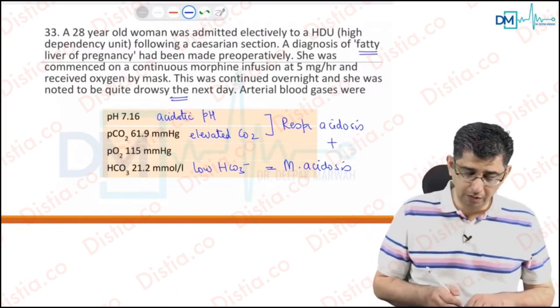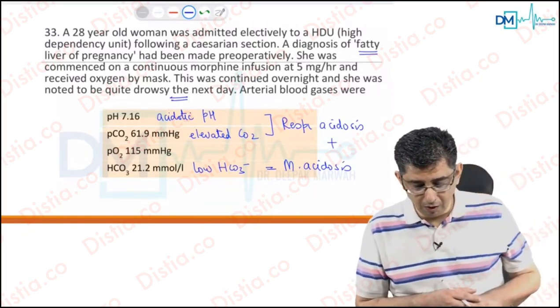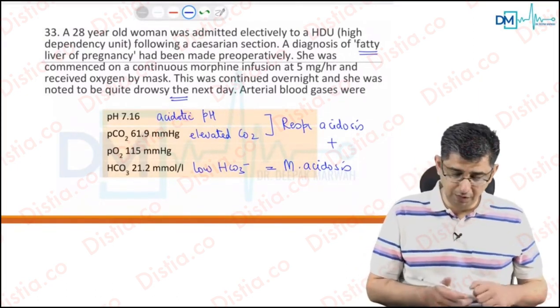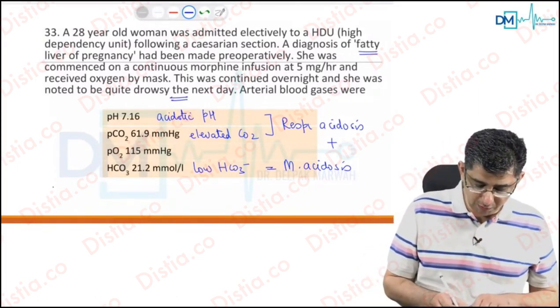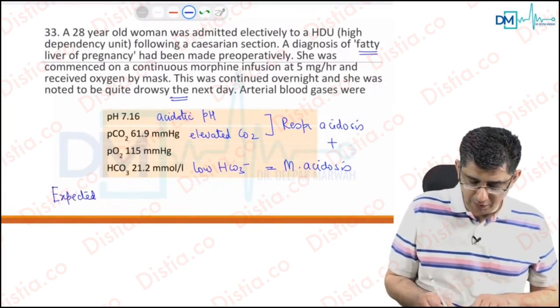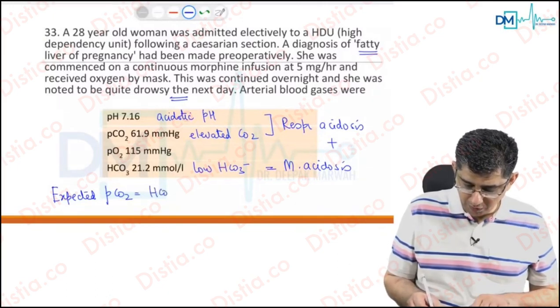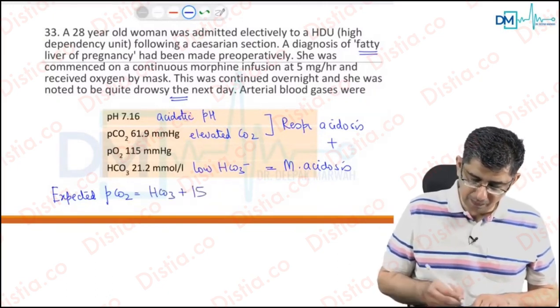Let me give you mathematical direction for it. In all cases suffering from metabolic acidosis, we can go like this. If the patient has metabolic acidosis, then the expected PCO2 of the patient should be the value of bicarbonate plus 15.